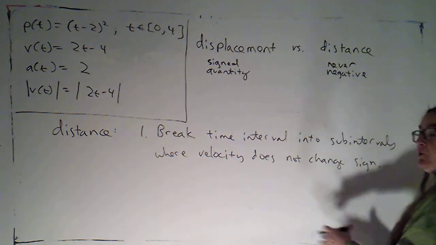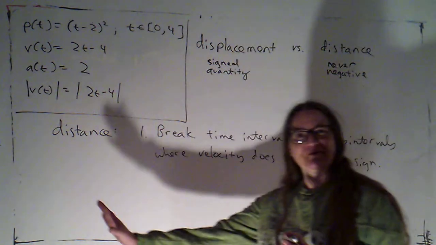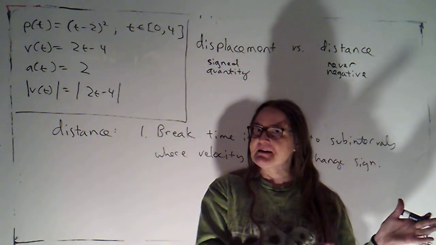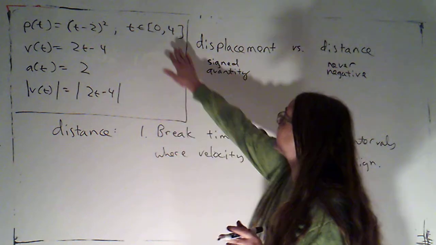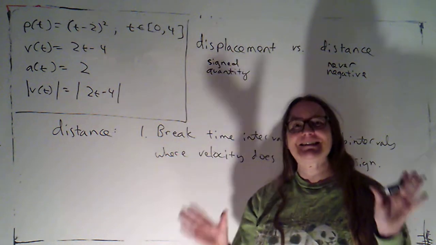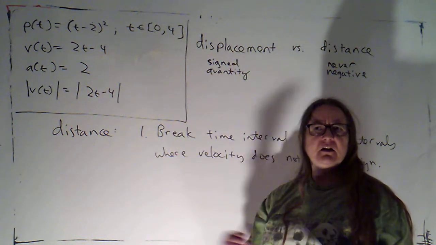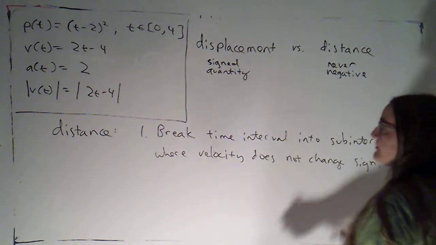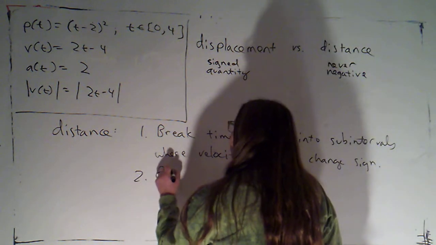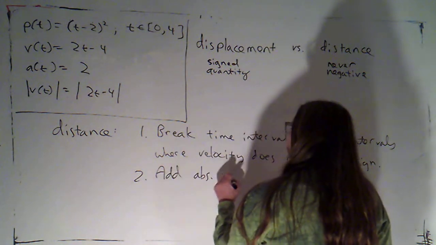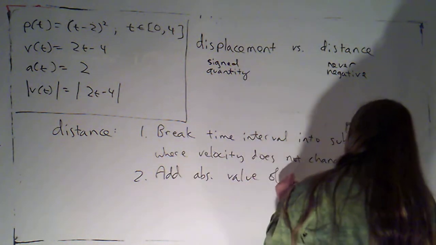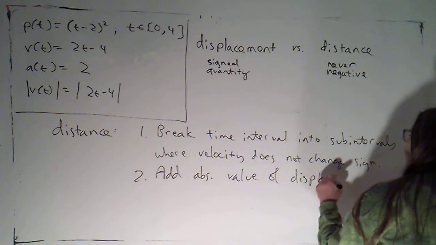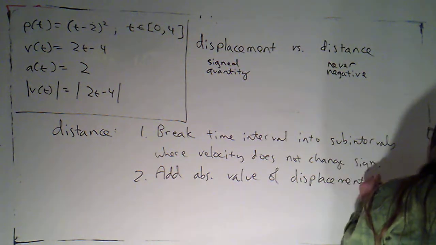So for this example, we had two intervals, one where the velocity was negative, one where it was positive. We couldn't just use the time interval from 0 to 4 because the sign of the velocity changed, the direction in which the particle was moving changed. And then we just add the absolute value of the displacement over those time intervals.